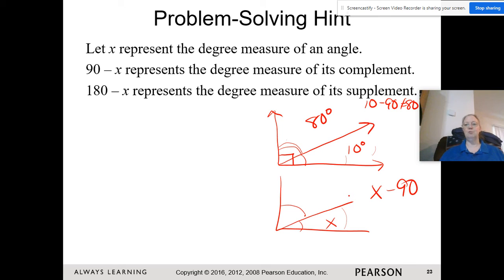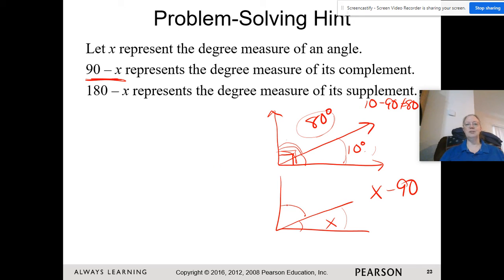Be careful with subtraction. You have to put it in the correct order. We are not taking 10 and subtracting 90 to get this one. We are taking 90 and subtracting 10 to get our 80. So be really careful to do it this way.